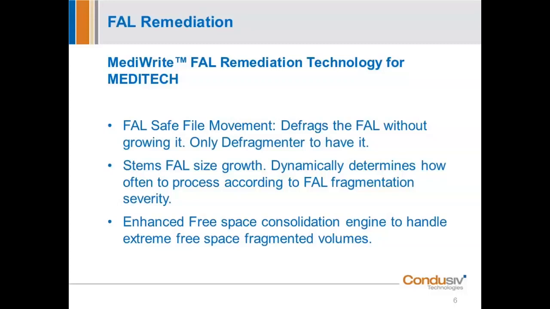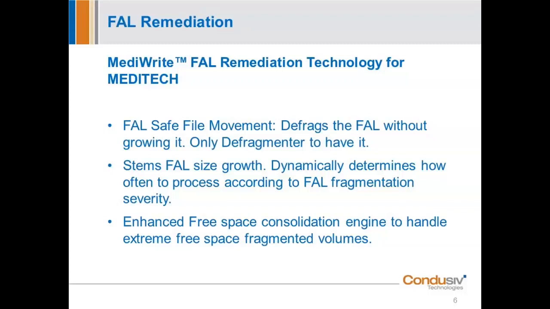Now, the other limitation that we found is you would think, okay, I'm going to defragment it, I'll shrink that file size. Well, you can reduce the number of fragments, which will stem the growth, but doesn't shrink the file. So that's what we do, right, online, dynamically. By running our software, we stem that file size growth.